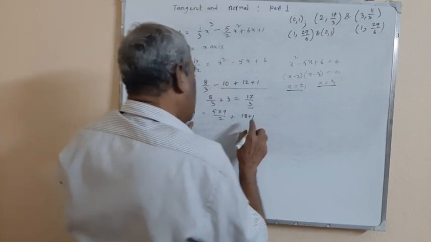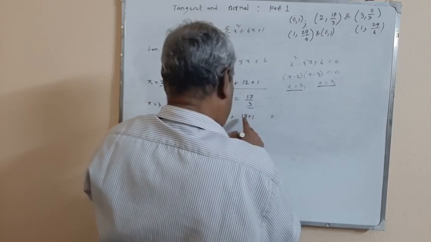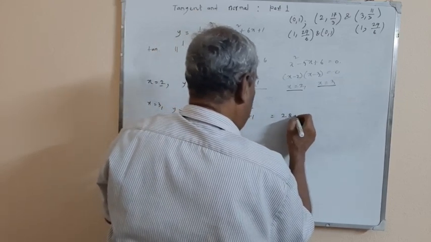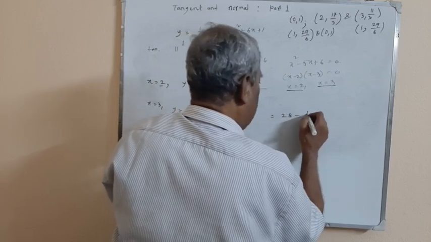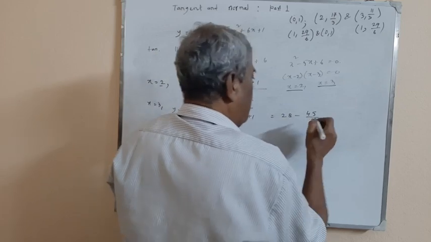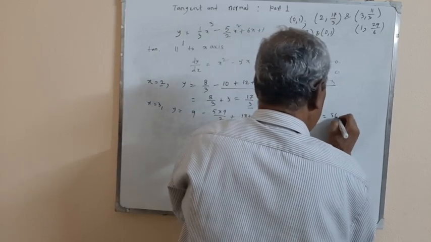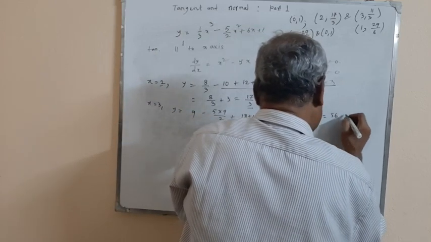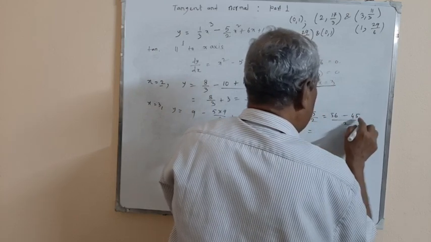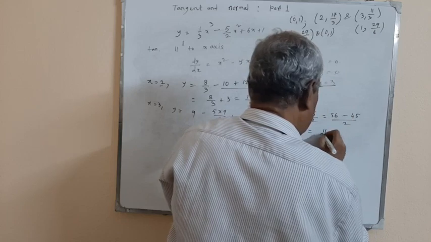So that it is equal to 56 minus 45/2, that is, it is equal to 11/2.